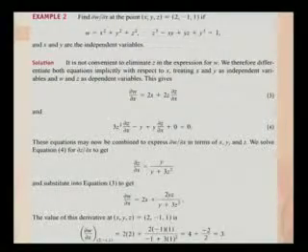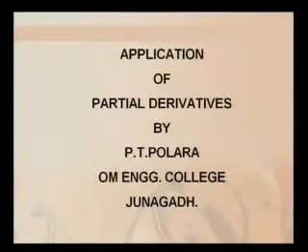Okay, so this is it for today. What we have discussed today is the maximum and minimum value of a function: absolute maximum, absolute minimum, local maximum and local minimum, and the second derivative test to solve this kind of example. Then we took some examples of partial derivatives for maxima and minima.